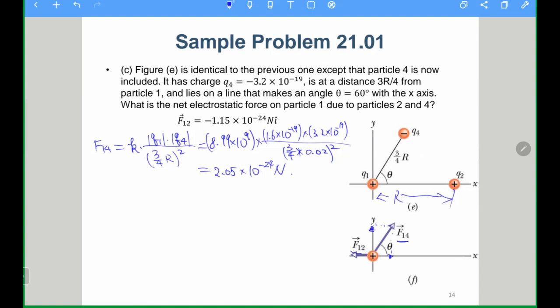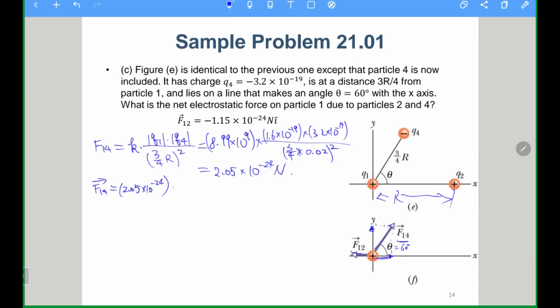So F14 vector should be 2.05 times 10 to the minus 24, times, so this theta is 60 degrees, the x-axis component is this side over this side, which will be cosine.